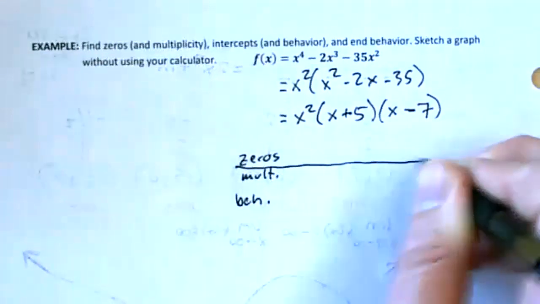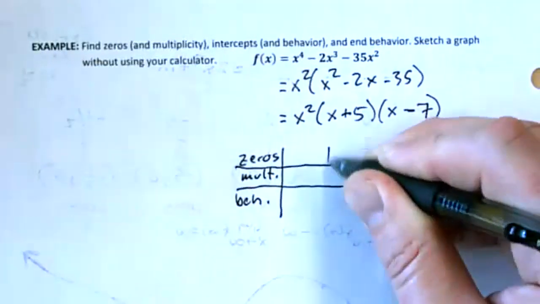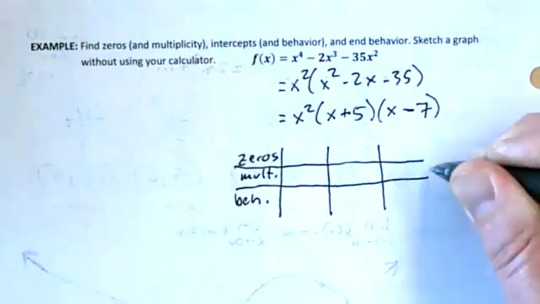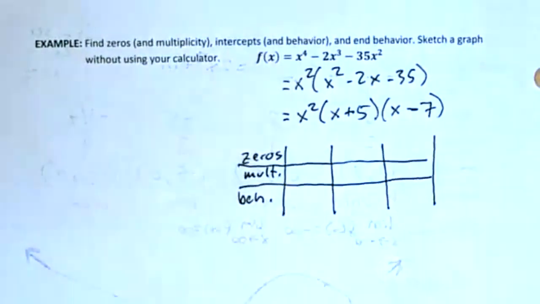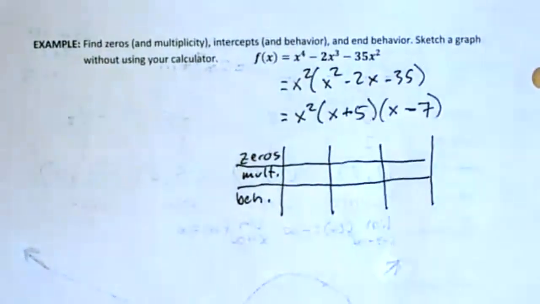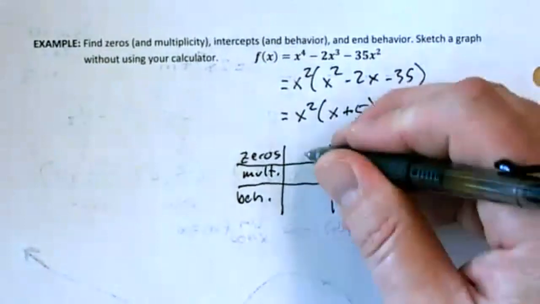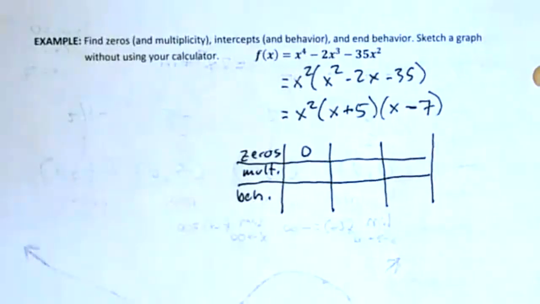And I'm just making a sloppy, ugly table here. Should have 3 columns because I have 3 factors. This factor is x. X gives us a zero of 0. You set x equal to 0 and solve, you get x equals 0.